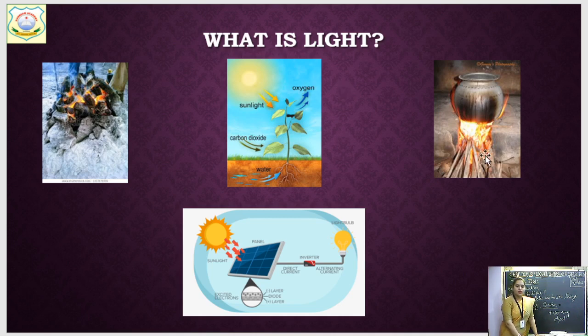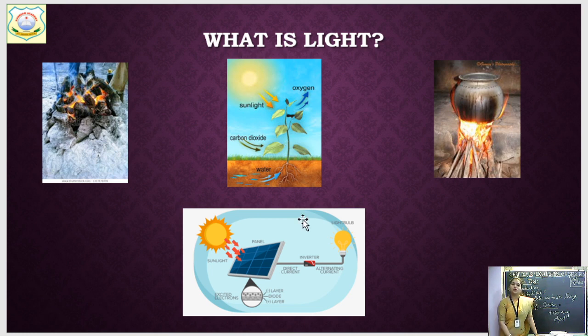So what are these things doing? Light is emitted when we are burning wood. The sun is emitting light and the further process is going on.